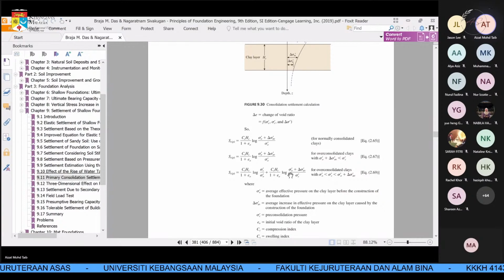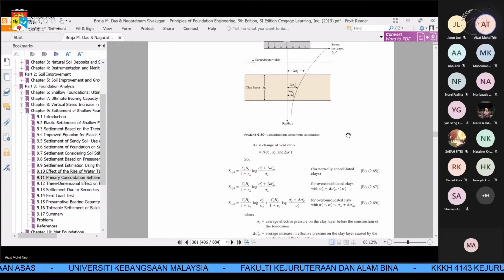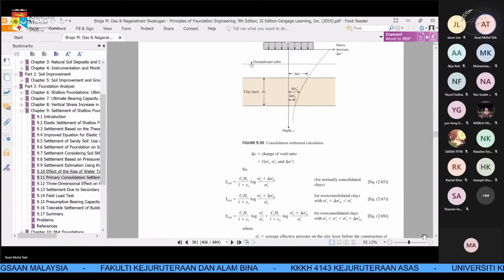Okay, so kalau yang ni, okay, so if you look, okay, so for normally consolidated clay, okay, so Sc, consolidation settlement equals to Hc over 1 plus e naught. Okay, so dia berbeza dengan the next equation. Okay, so awak pakai swelling index and compression index.